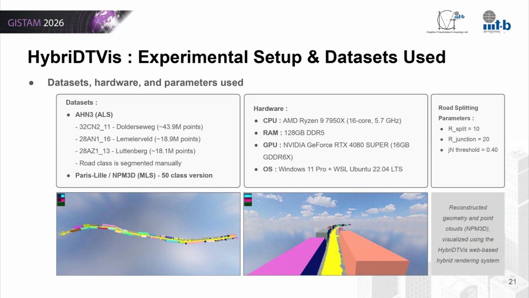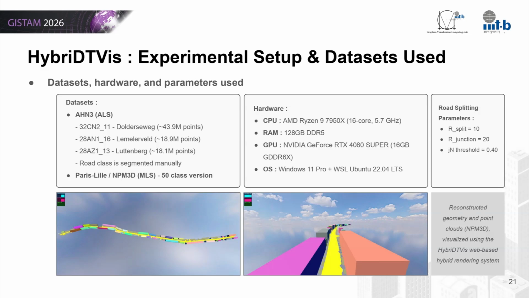We used HN3 and NPM3D or Paris Lille 3D datasets for our experiments. For HN3, which is a Netherlands dataset, we selected 3 tiles covering diverse regions including industrial and countryside. So these tiles contain roughly 300 to 600 buildings.